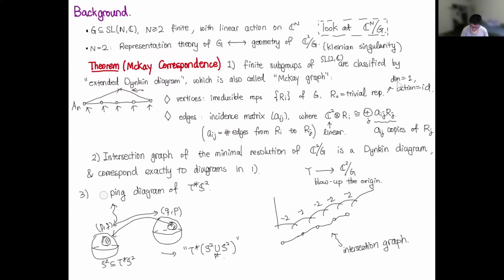Sorry, I made a mistake. Plumbing diagram. You get a plumbing of all these cotangent bundles of spheres, and that is equivalent to the interpretation using the minimal resolution. The only difference is the symplectic structure is different, but if you ignore symplectic structure, they are diffeomorphic.